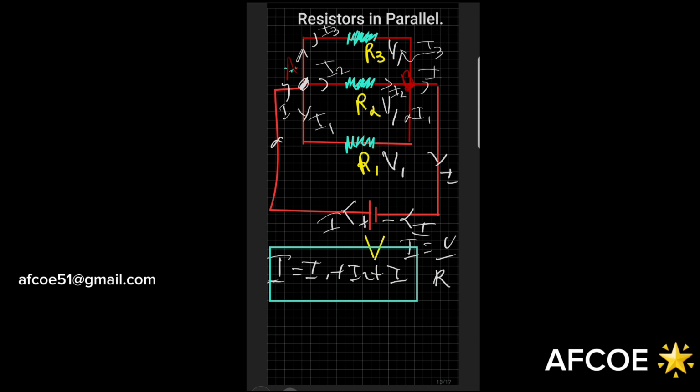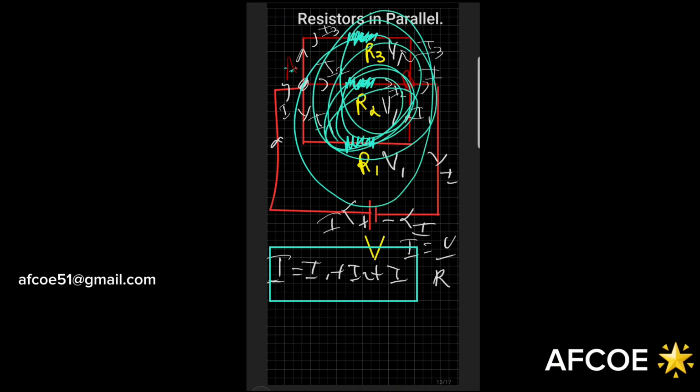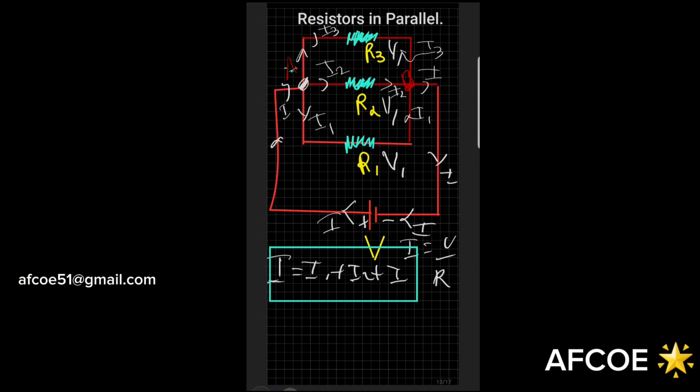Okay, now from Ohm's law, current is voltage over resistance. We want to know the current leaving the circuit, right? To know the current leaving the circuit, we need the voltage and the total or equivalent resistance, because Ohm's law works with a single value of resistance.